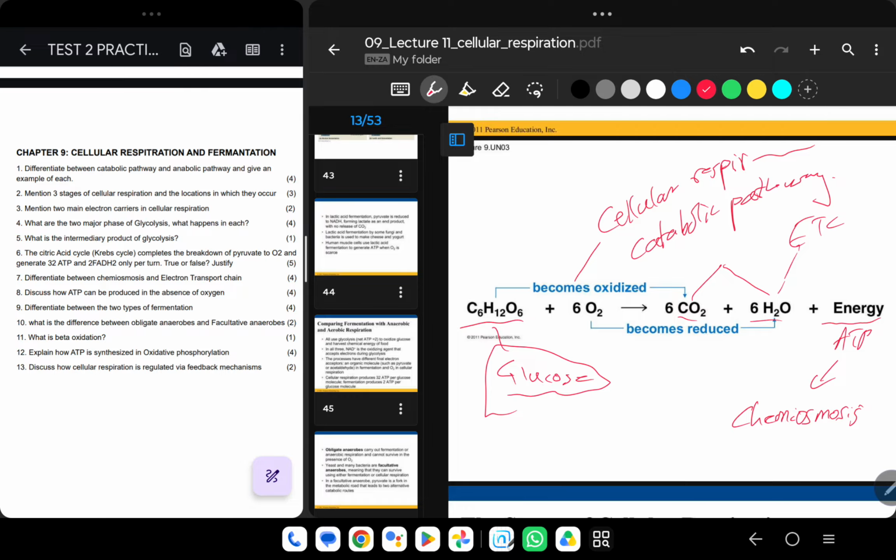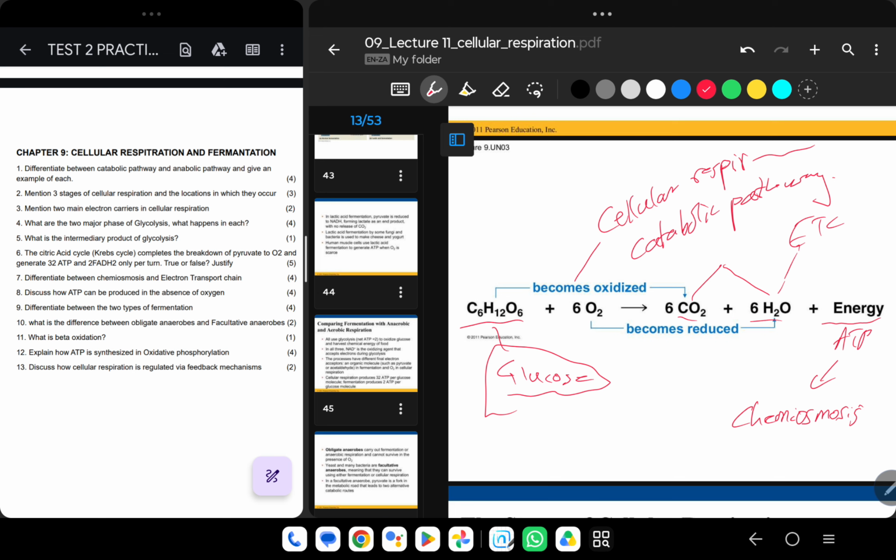Now, let's differentiate our question number one on chapter 9. It says differentiate between catabolic pathway and anabolic pathway and also give an example for each. What we know about a catabolic pathway is that it involves the breakdown of large molecules into simpler molecules, and in the process it releases energy. An anabolic pathway involves the build up of large molecules from simpler molecules, and it uses energy in the form of ATP to build those large molecules.